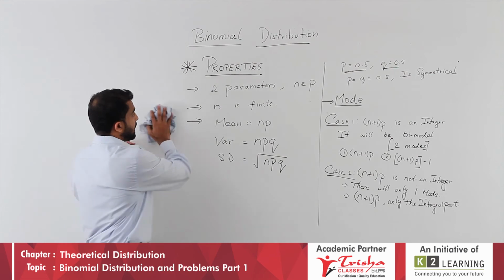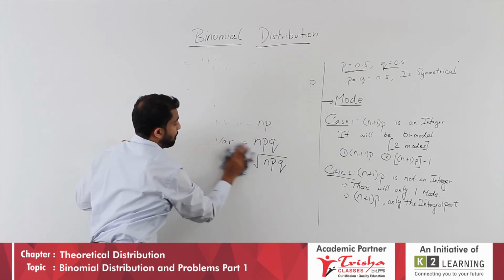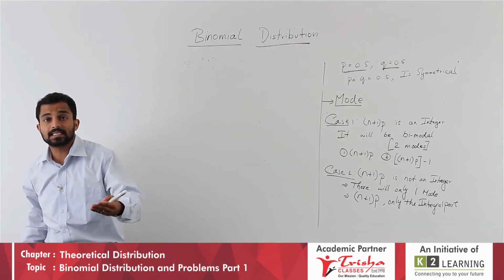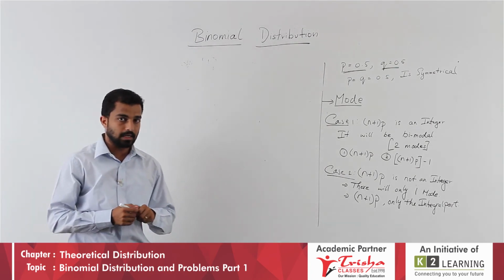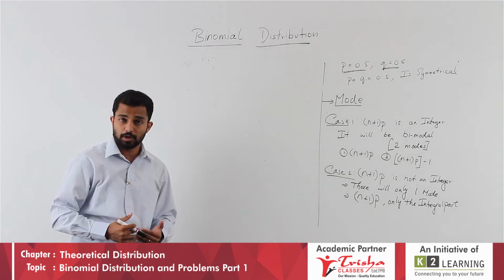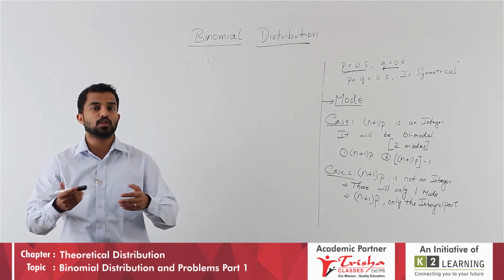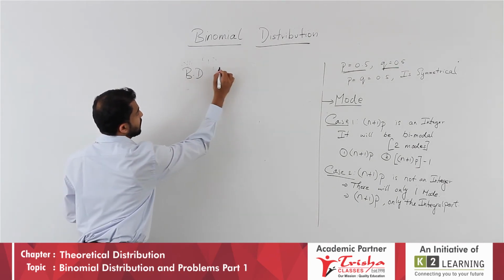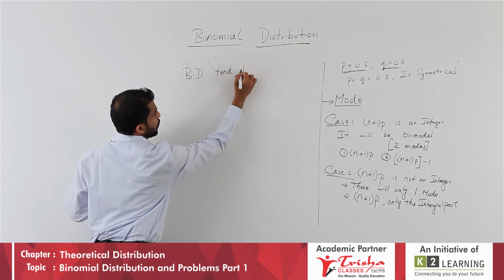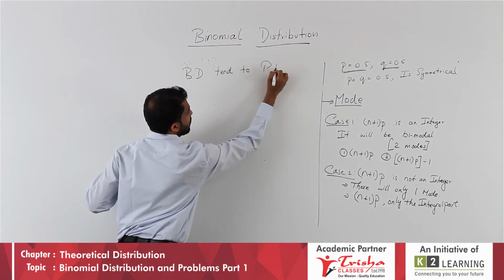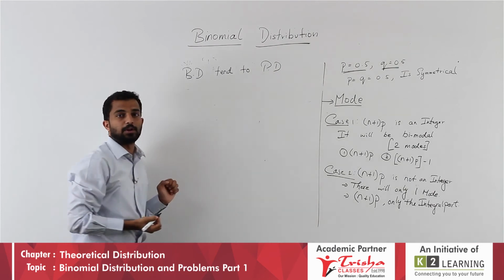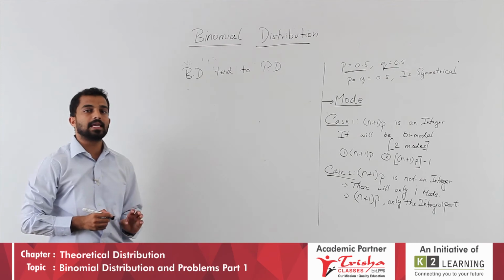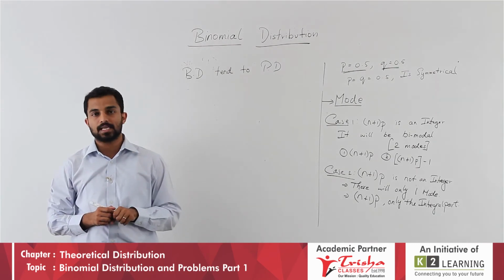Next property says, when does binomial distribution tend to the next kind of distribution? That is, when will binomial distribution become a Poisson distribution? This will happen in a case where two conditions have to be satisfied.